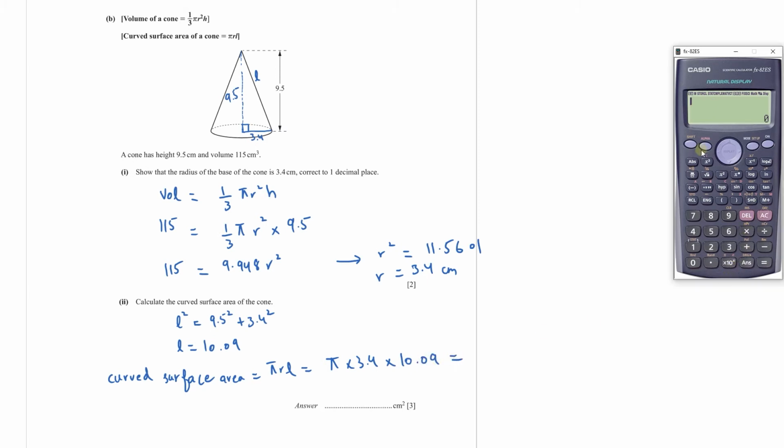Let's calculate this. Pi into 3.4 into 10.09. So this is 107.77. I will write it up till three significant figures, so this will be rounded up to 108 centimeter square. So this is your curved surface area for this cone.